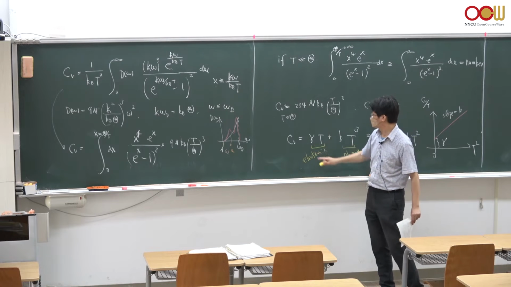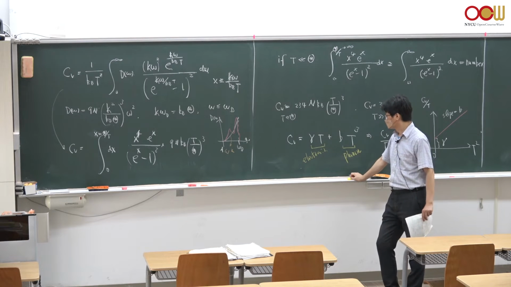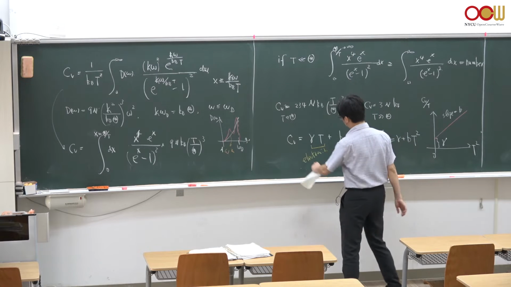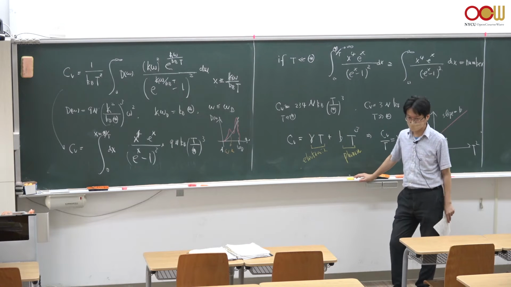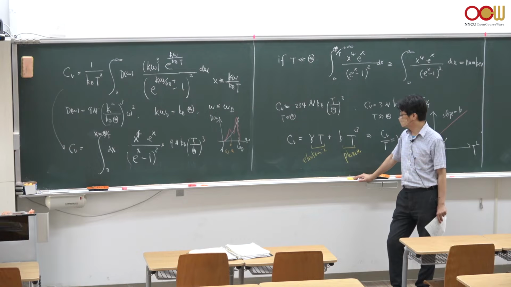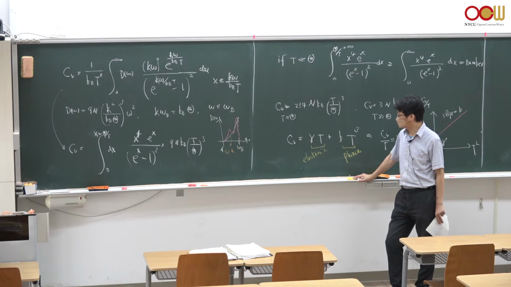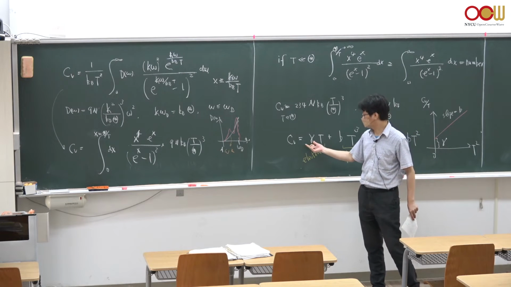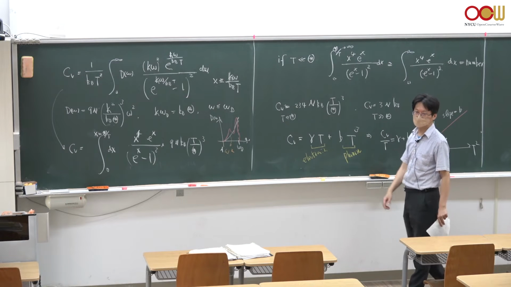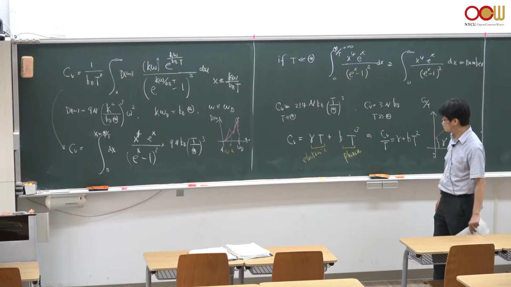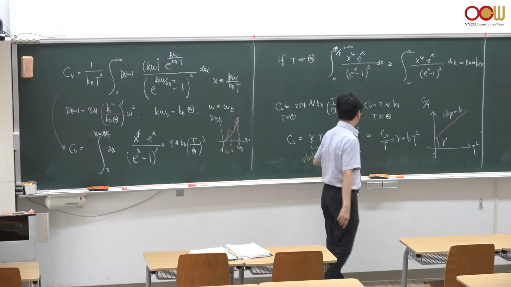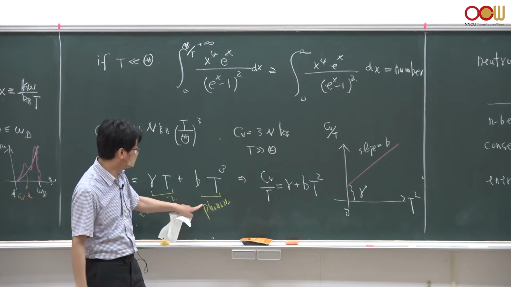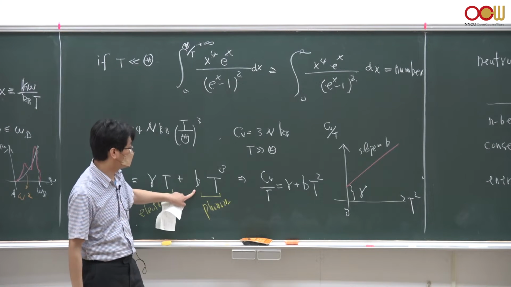Remember that we already calculated this gamma coefficient, which comes from the electronic density of states that contributes to the specific heat. The electronic part is linear in temperature with a prefactor gamma, which we call the specific heat coefficient gamma. And now we add the phonon contribution, which is a T cubed term with a prefactor B.